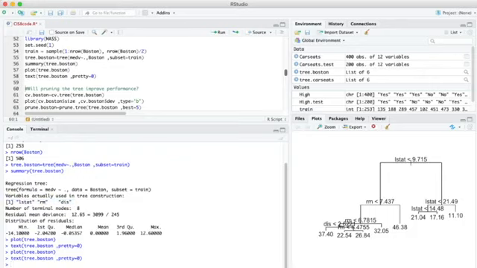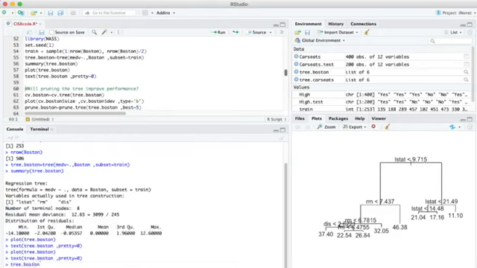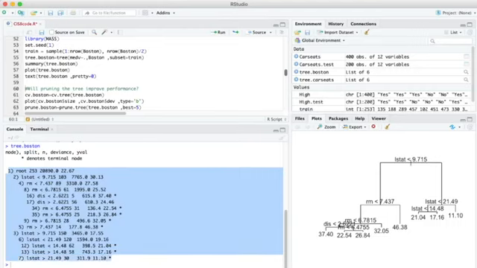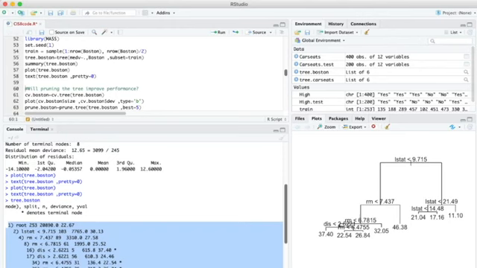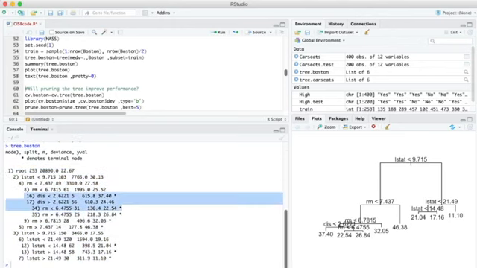So again, you can just type in tree.boston just to show how the split rule looks. Okay? So here we have how many terminal nodes. You can look at the summary here. There are 8 terminal nodes, and it is denoted by the star. So there are 8 stars here. So the first one is this one, number 16, which corresponds to this one. Okay, let me pick something that is easier for us to see.